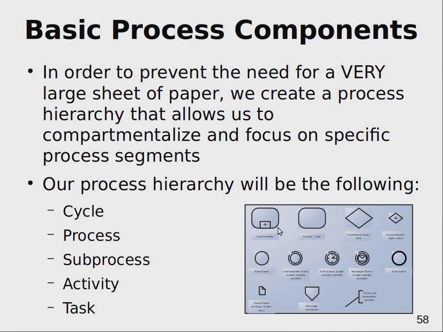So in general, BPMN is a more expressive, more business-oriented activity diagram. If you want to describe business processes, then BPMN is more expressive. And what does more expressive mean? You can say more, drawing less.